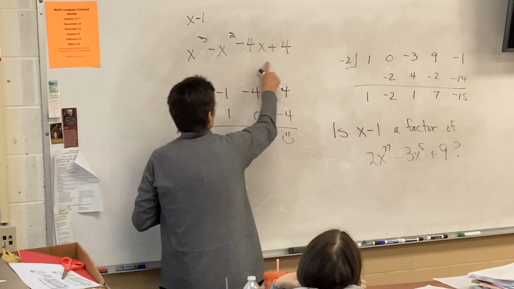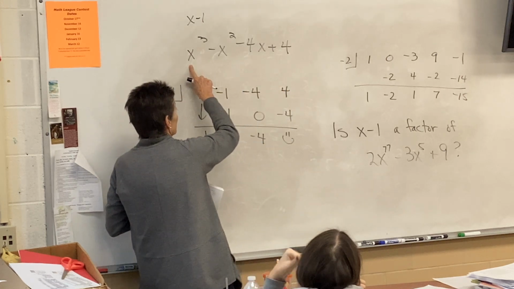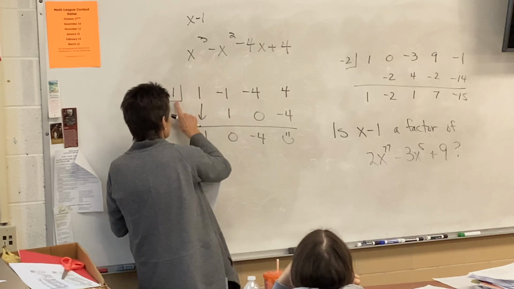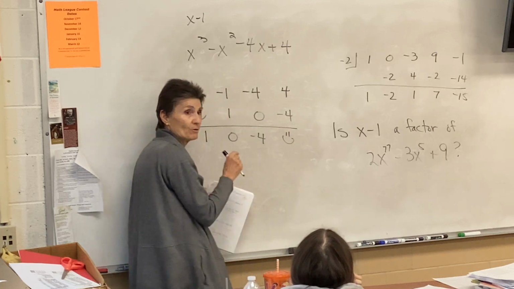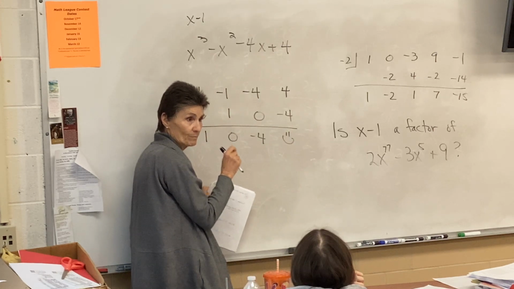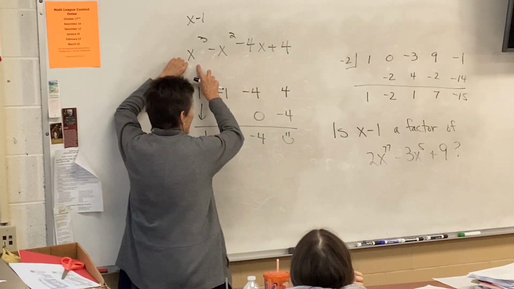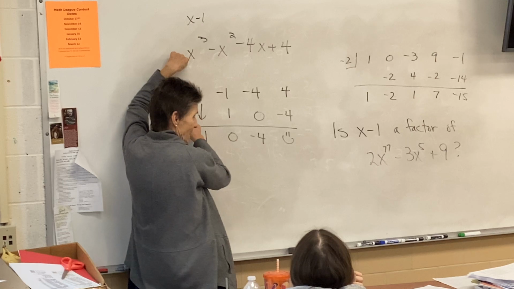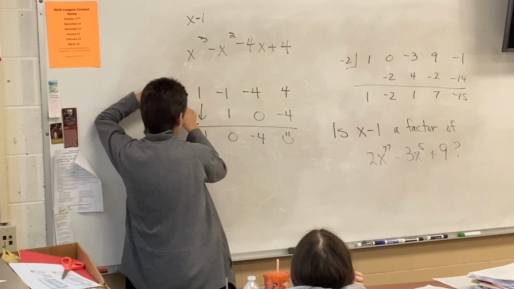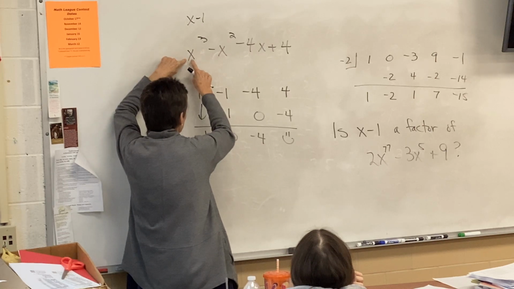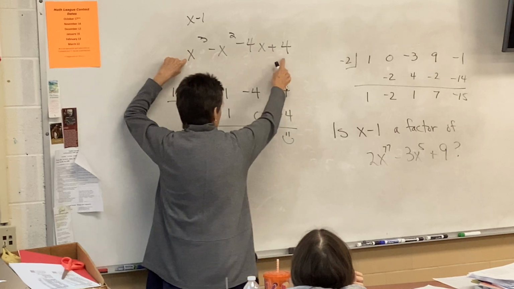So here is this one. This was A, and we divided by 1, and the remainder came out to be 0. Go back up to the original problem, and instead of dividing, let's put that number, that 1, in for all of the x's.